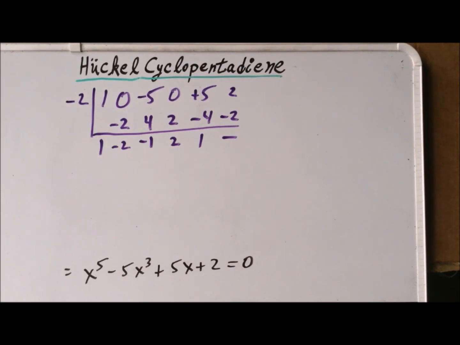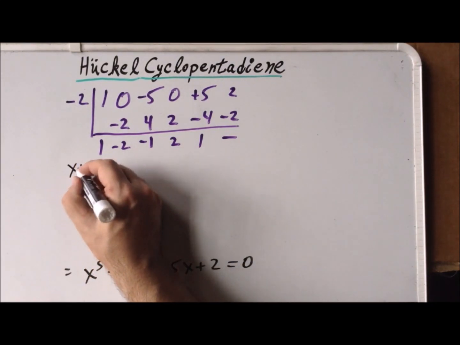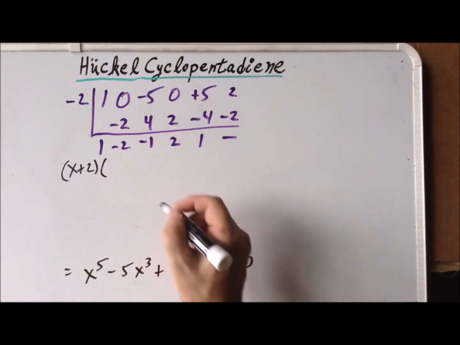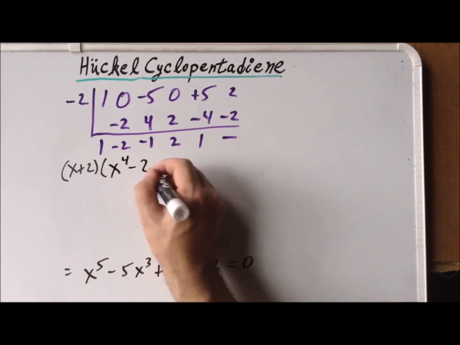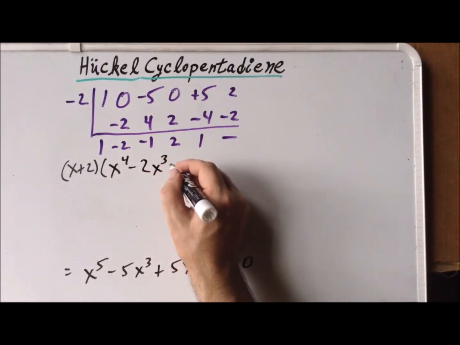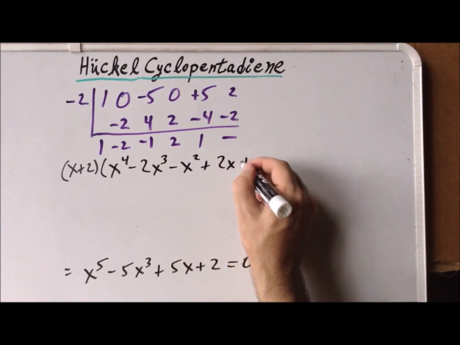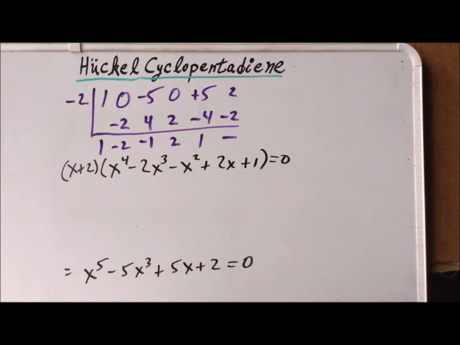So this tells us that we can factor this particular polynomial as x plus 2, and then these are the coefficients of the remaining polynomial. That's 4th order, so we have x to the 4th minus 2x cubed minus x squared plus 2x plus 1, and we see that this is equal to 0.